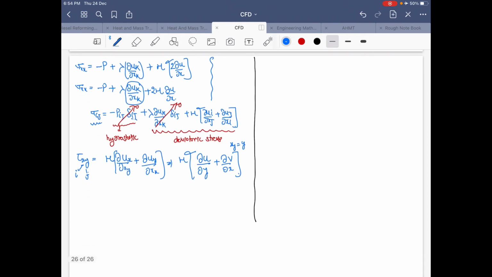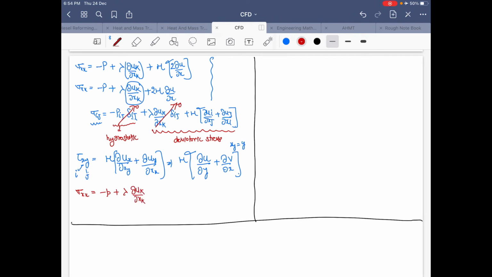So in summary, my sigma xx is equal to minus p plus lambda del u_k by del x_k plus 2 mu del u by del x, and tau xy is equal to mu times del u by del y plus del v by del x.